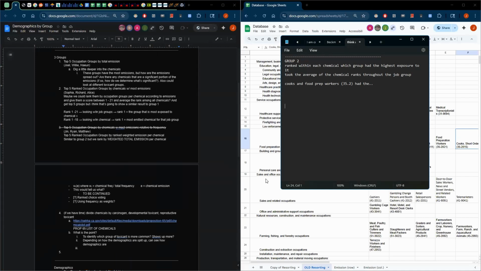If you were going to generalize that, and take the average rank across all the chemicals, the job with the highest average has the most emissions, I guess. I'm not sure.